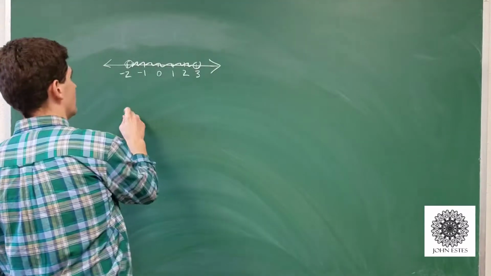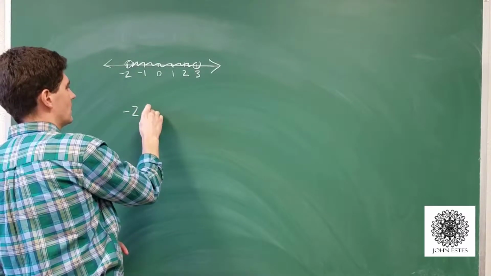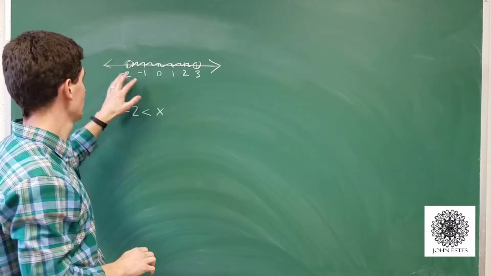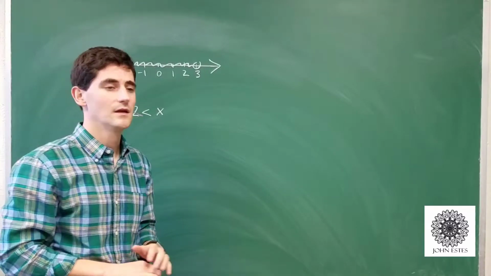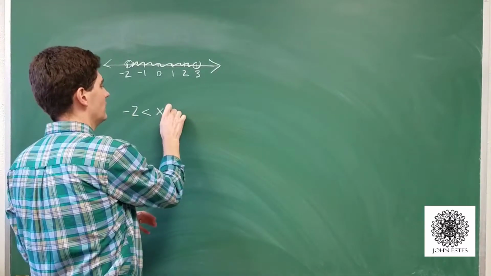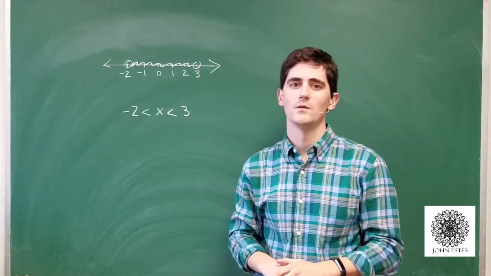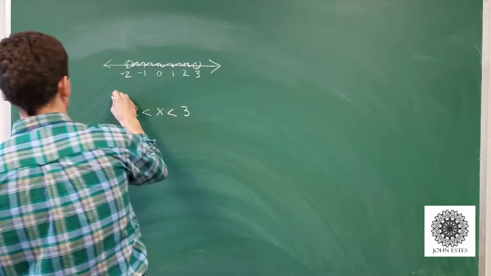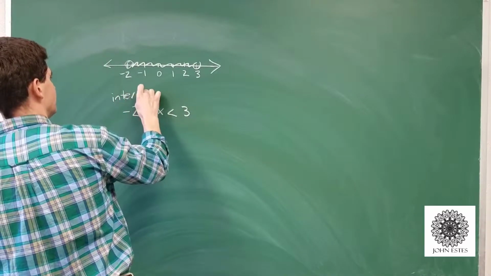I know that all my numbers here are going to be bigger than -2, because all the numbers in this set are to the right of -2 on the number line, but also they're left of 3. So they're caught in between -2 and 3. And so we wrote the set of real numbers according to the number line as what we call an interval.